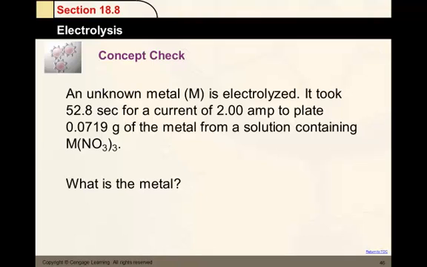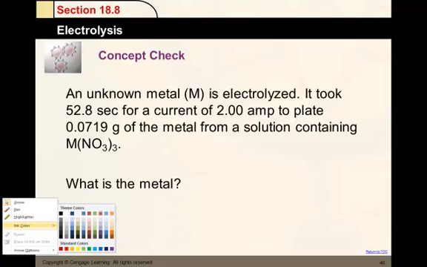And this is one that I guess I would say is the backwards kind. How would we do this? Well, we want to figure out what the substance is. So I'm going to go backwards from what I said before. And let me get the correct pen to show you how to do it.